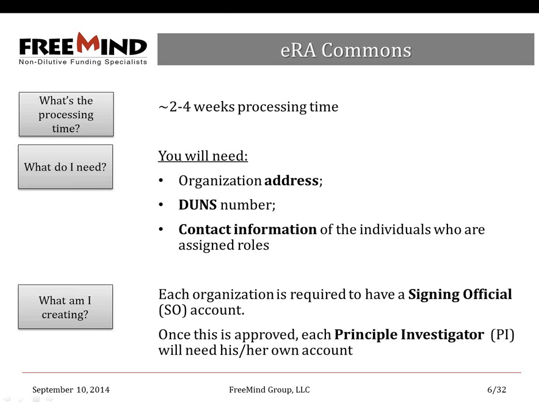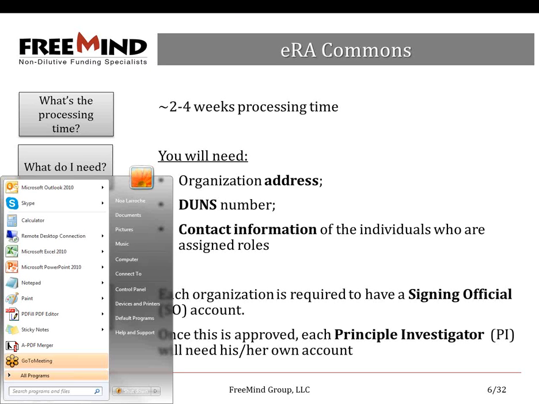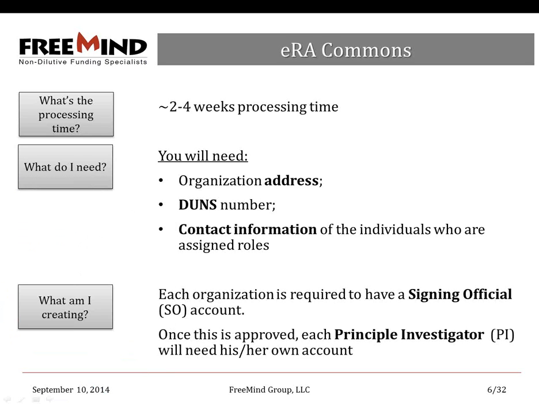It's very light in the preparation of it. What you need to do on your end in order to register is essentially give a few pieces of information: your organization's address, your DUNS number, and the contact information of the people that you'll assign roles to. With that in hand, you'll be able to register without any problems.